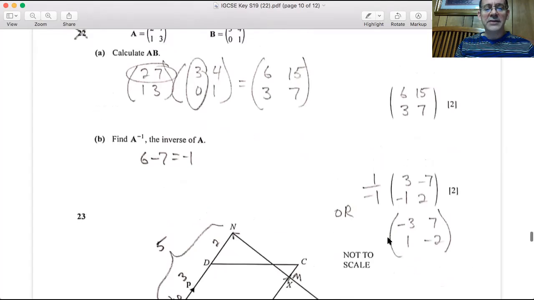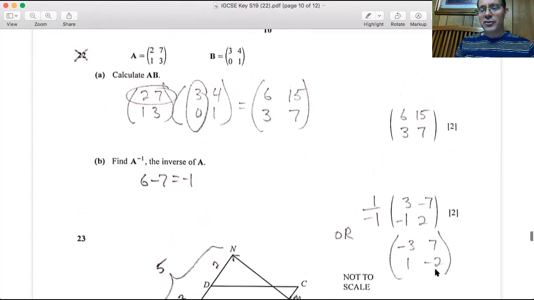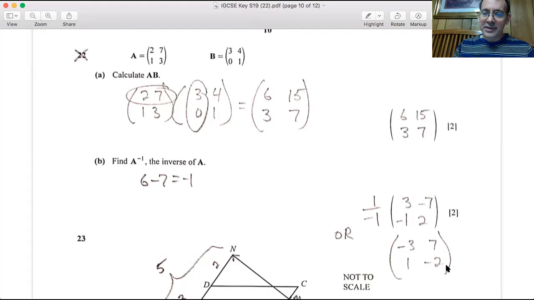Now, what is an inverse matrix? Again, if you multiply A times the inverse of A, and you do your row times column, you're going to end up with the identity matrix, which is 1, 0, 0, 1. That's your identity matrix. So the inverse matrix is what undoes the original matrix.